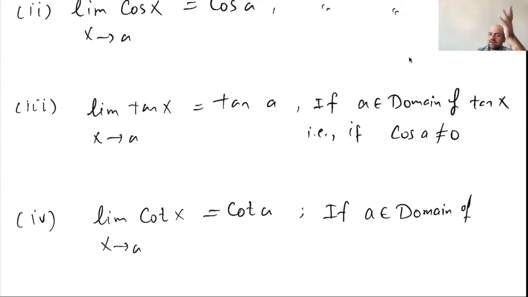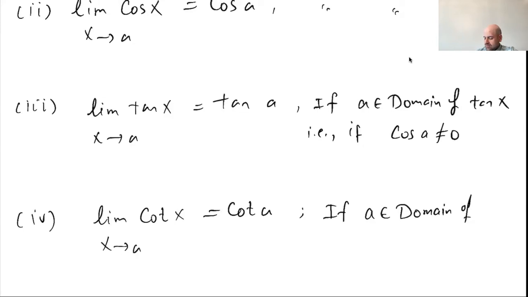Remember, tan x means sine x over cos x. So for tan, a is in the domain if the denominator is not 0. Denominator not 0 means cos a is not 0. For cot x, we still require the denominator to be non-zero, which means sine a must be non-zero. For example, let's say you want to find the limit of sine x as x approaches pi over 6.